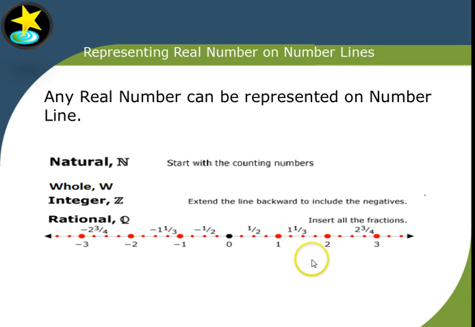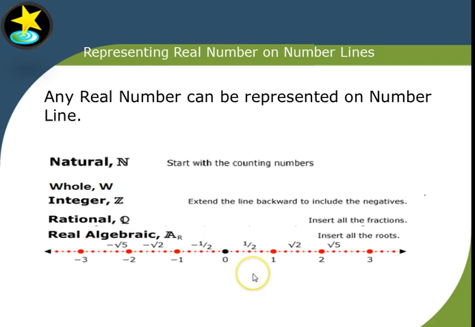Further, if we try to add fractions within those integers, a fraction could be a positive number like 1 by 2, or it could be a negative number like minus 1 by 2, and then what you get is the rational numbers.